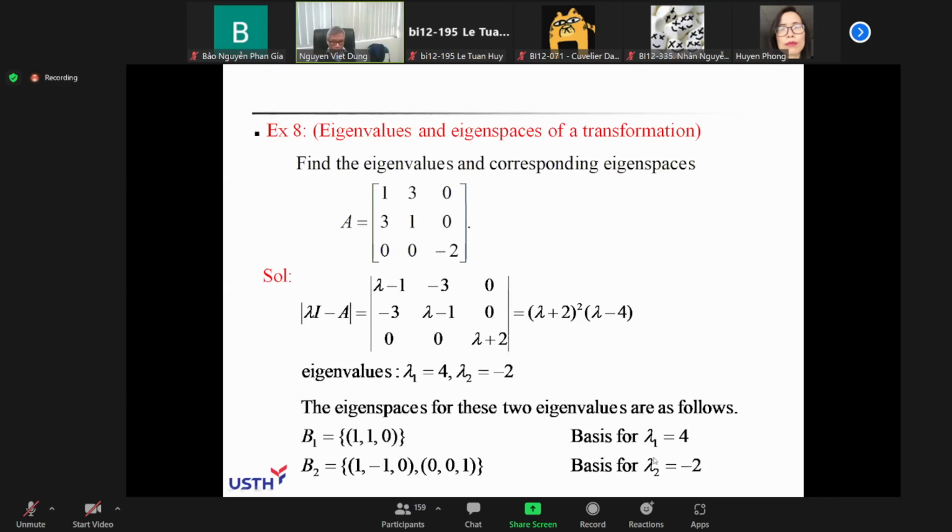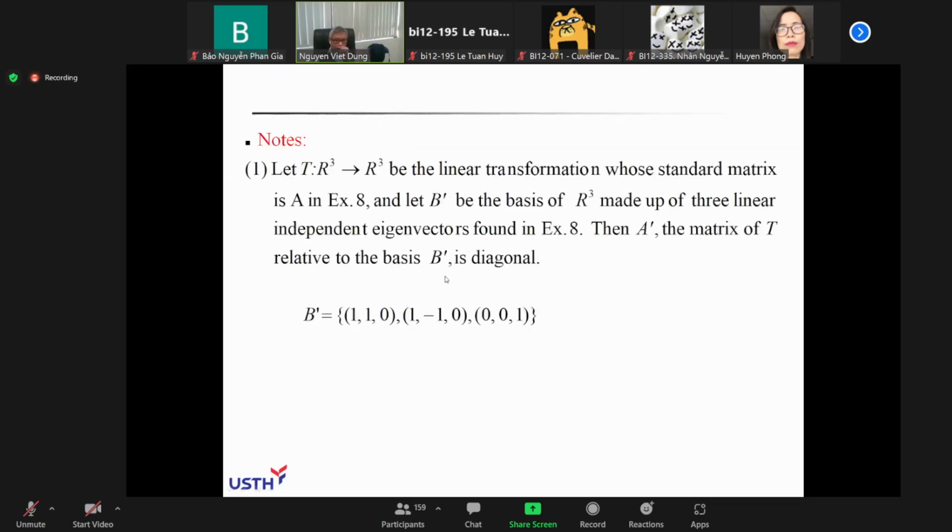But for the eigenvalue equal to minus 2, we have a basis for the eigenspace consisting of two vectors like that. And see those vectors are linearly independent. I claim that you can verify it by yourself.